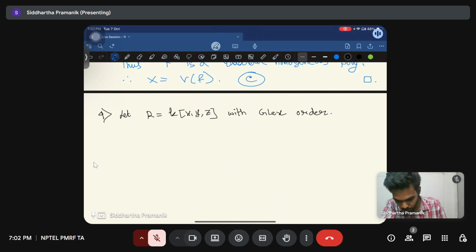And also we need to define the order on the variables x, y, z. So let's say x greater than y greater than z.